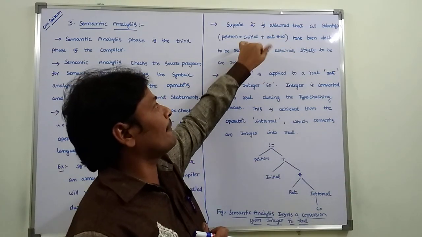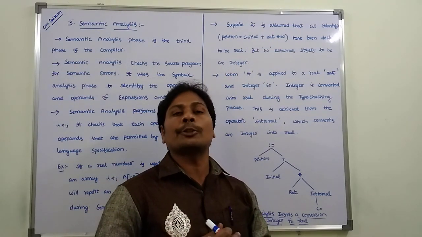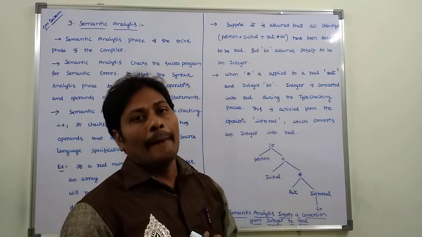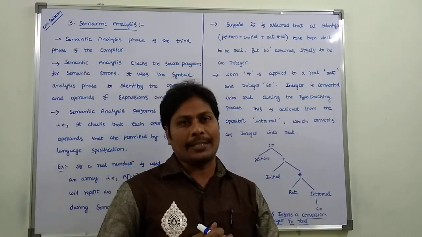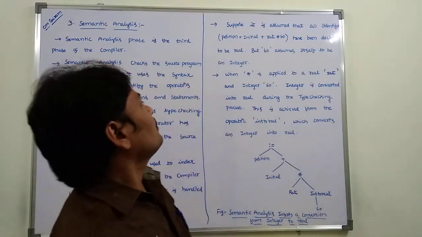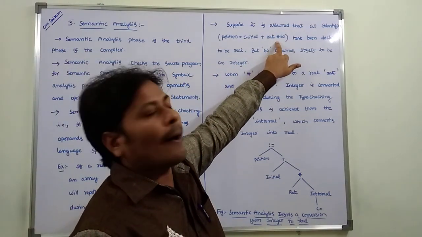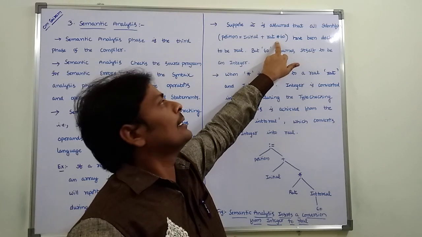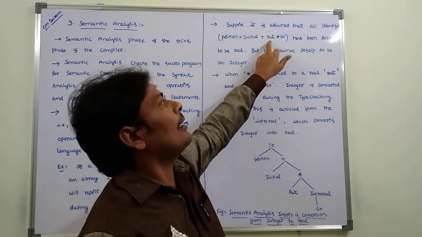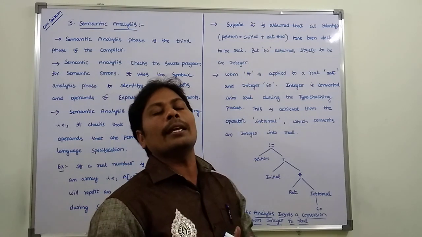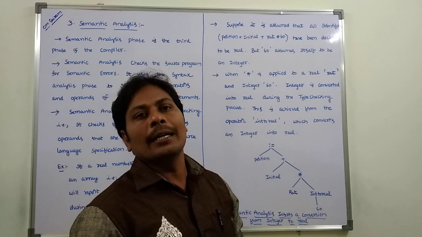When star is applied to a real, the identifier rate and the integer 60 are also converted into real.